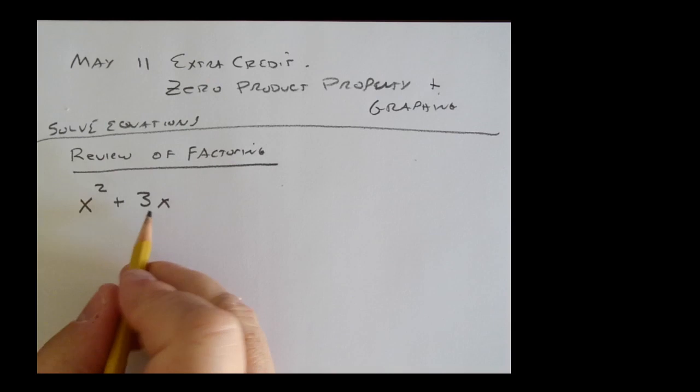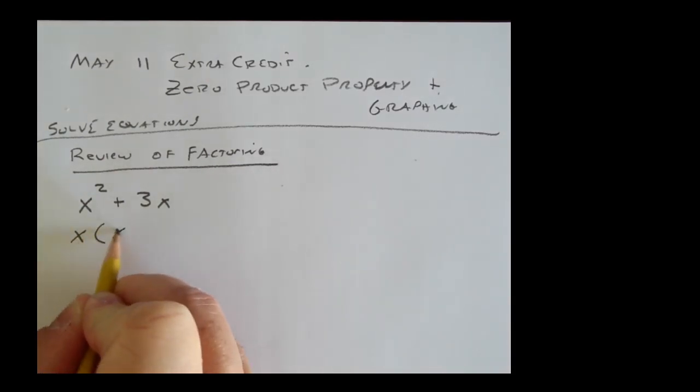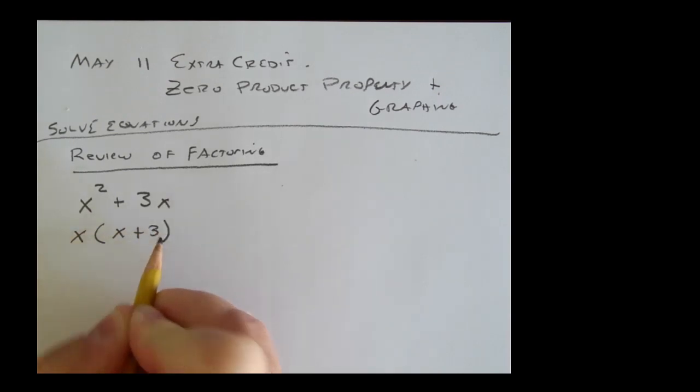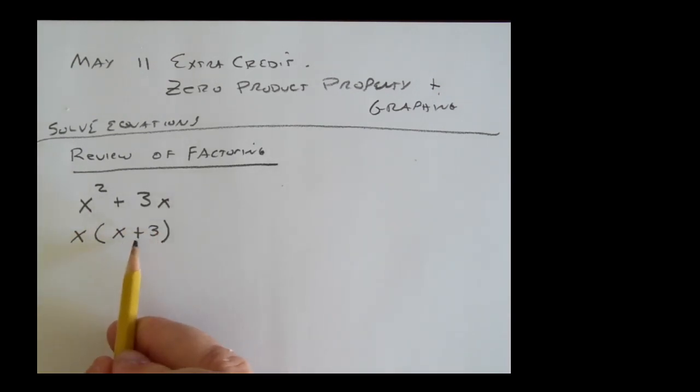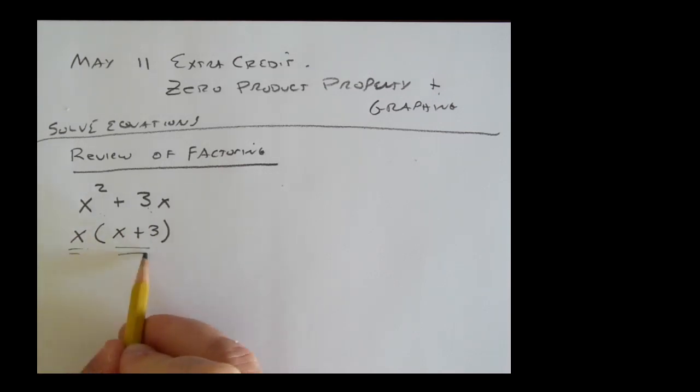You would say, there's an x in both, so let's take that out. And then what's left is x plus 3. We took an x out, it's the only thing that they both have in common. So that became our answer, this times this.